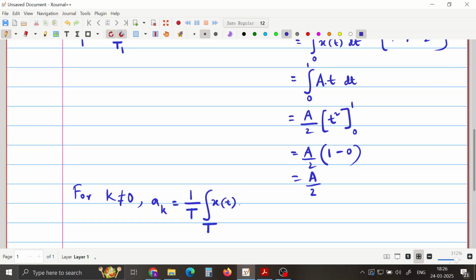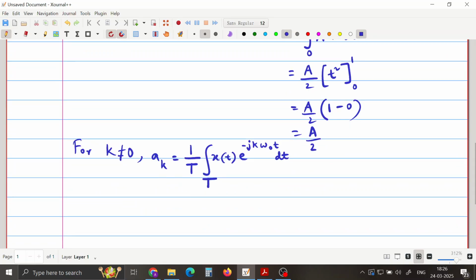Now the only additional thing is you will have another multiplicative factor of e power minus j k omega naught t, dt. So you have to evaluate this integral to find the other Fourier series coefficients which correspond to indices other than k equals 0.